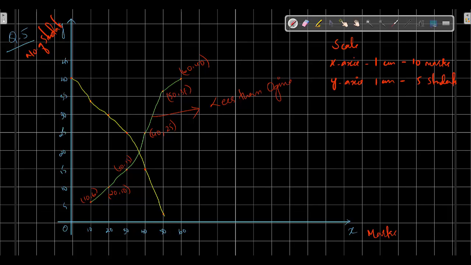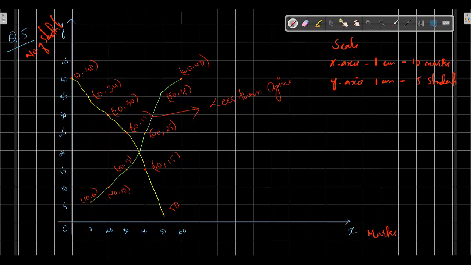Okay, so now let's plot the points for more than. More than 0 is 40. More than 10, it is how much? 34. More than 20, it is 30. More than 30, it is 25. More than 40, it is 15.